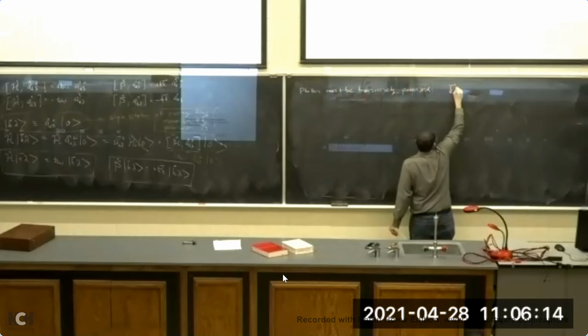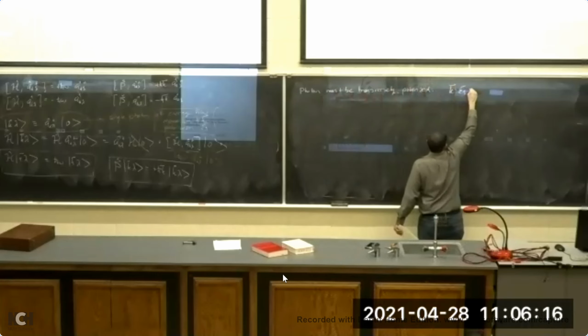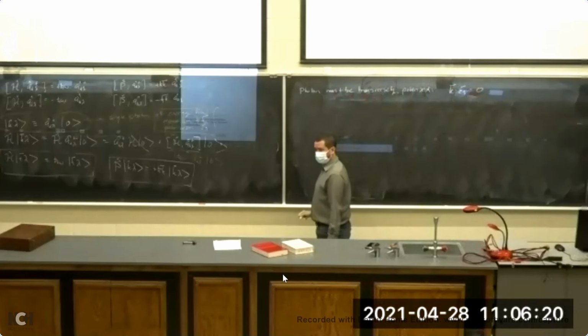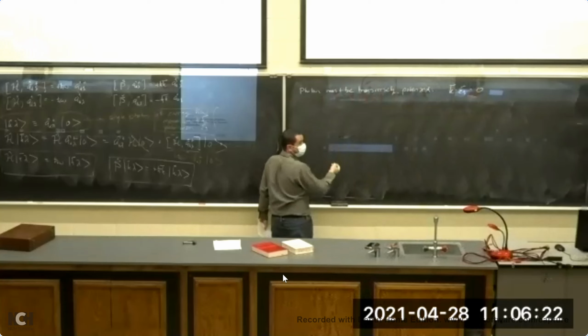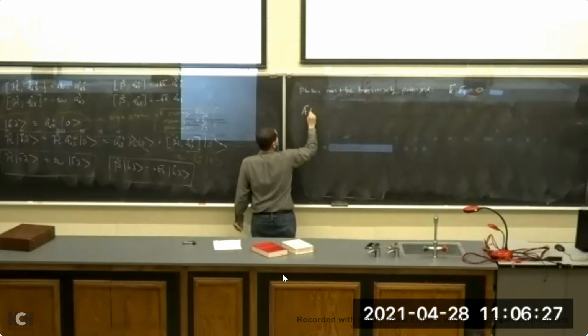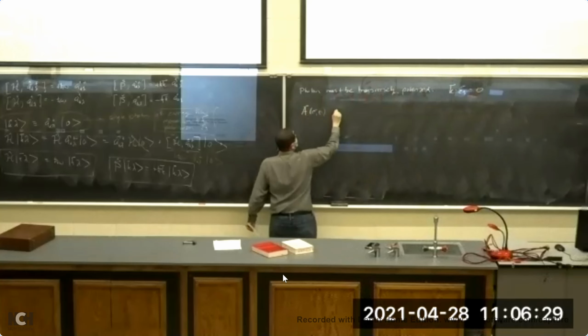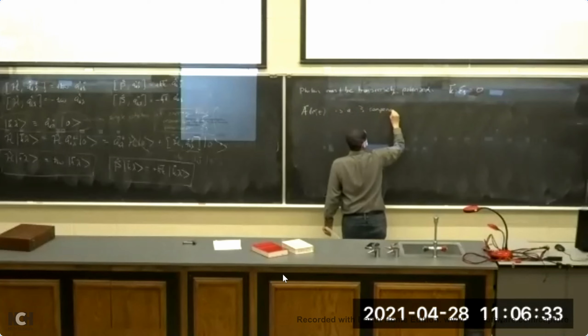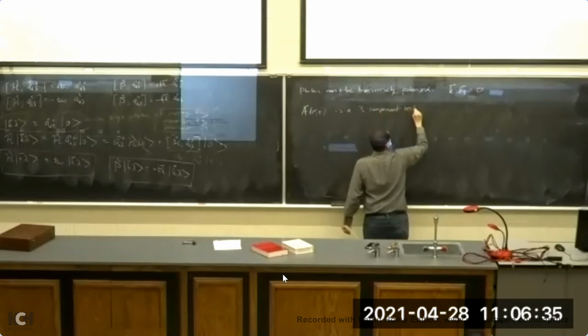So we saw that the polarization vector must be perpendicular to the momentum of the photon. This is peculiar because the photon is a spin-one particle. It's a vector field. Right? So A of r and t is a three-component vector field.